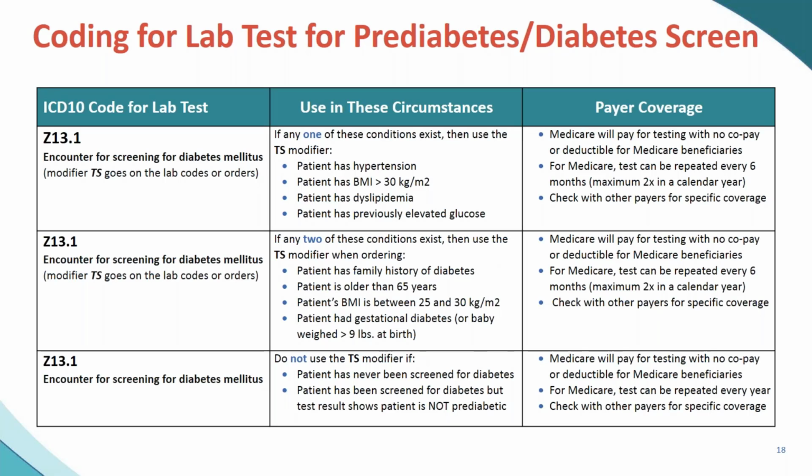You start with the Z13.1, and whether or not you use what's called the TS modifier depends on whether or not they have the risk factors that would identify them as, you know, that you are trying to actually get a diagnosis as to whether or not they're pre-diabetic.